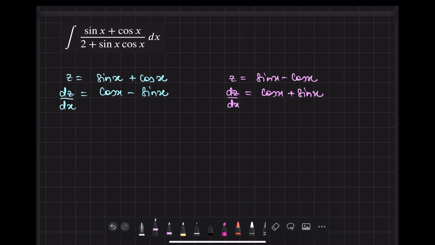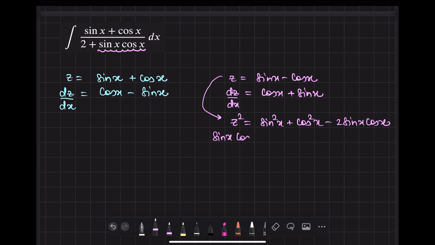Now you have to later replace sine and cos. So we will be squaring both sides of this equation. So z square equals sin square x plus cos square x minus 2 sin x cos x. Correct? Now we will have sin x cos x as 1 minus z square by 2.